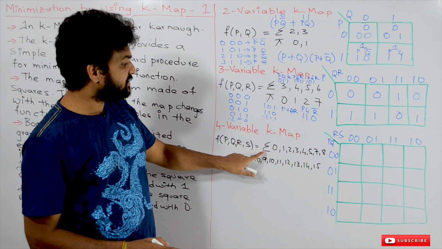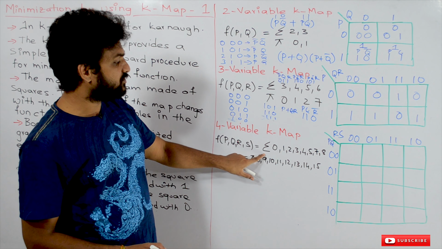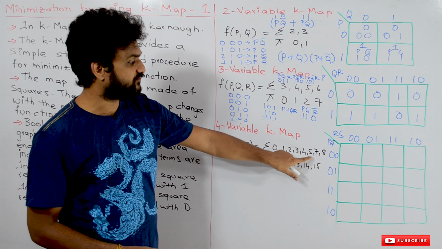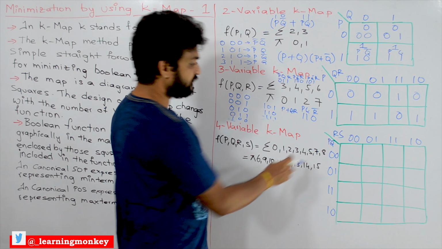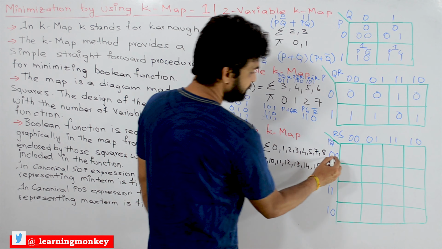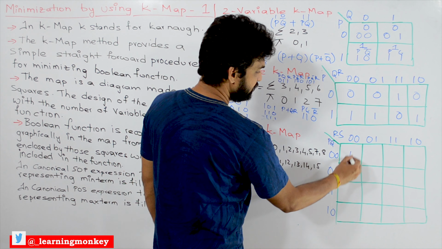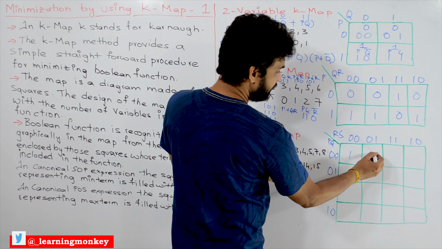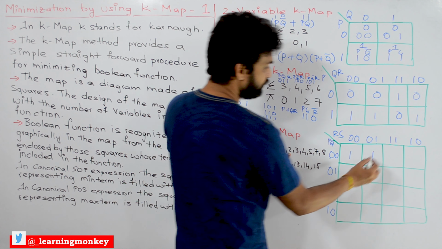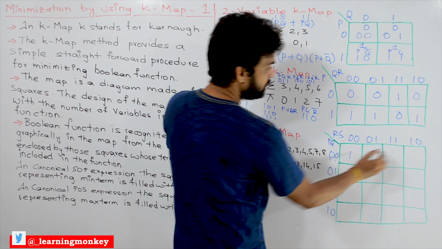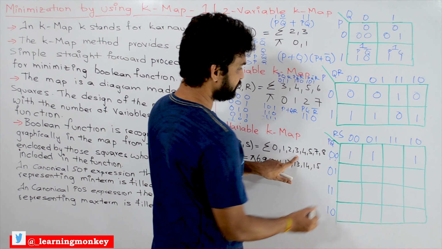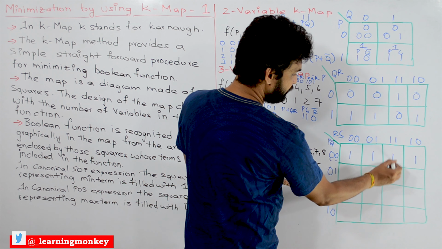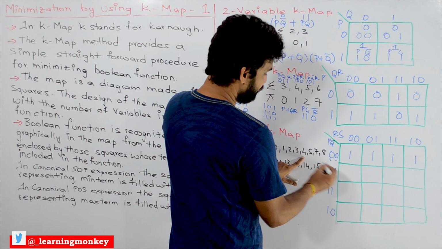Okay, so for example, if you consider this, the sum of the products is 0 1 2 3 4 5 6 7 8. 0 means 0 0 0, here it has to be 1. 1 is 0 0 1, it is 1. 2 is 0 1 0, it is represented as 1. 3 is 0 1 1, it is represented as 1.